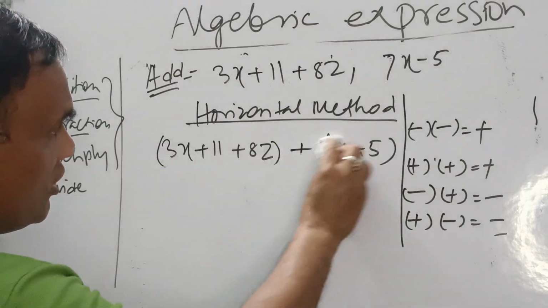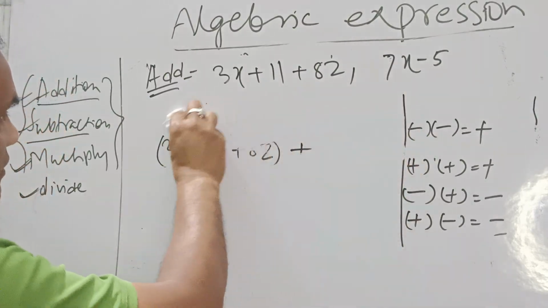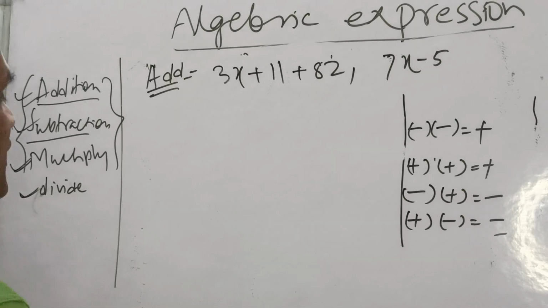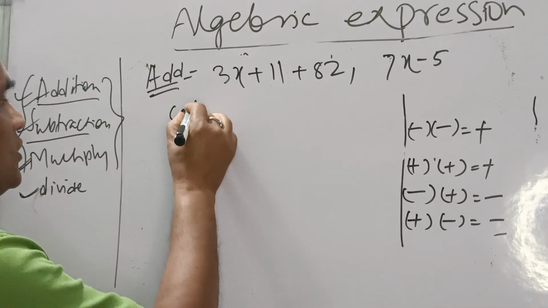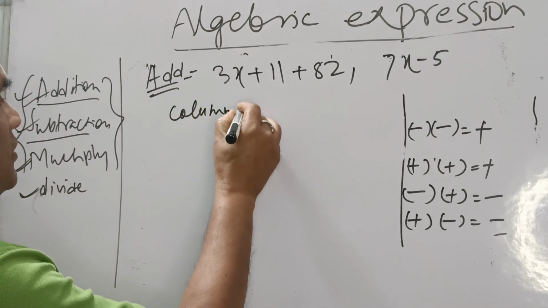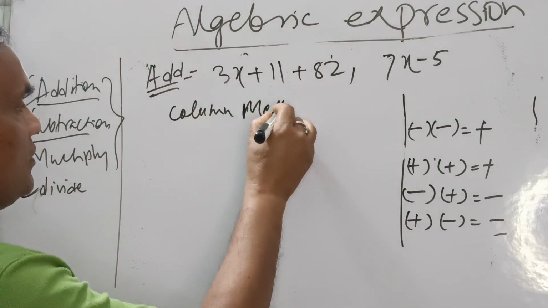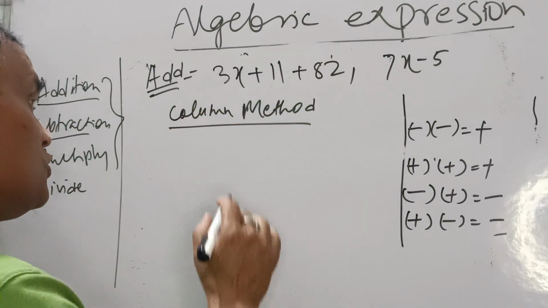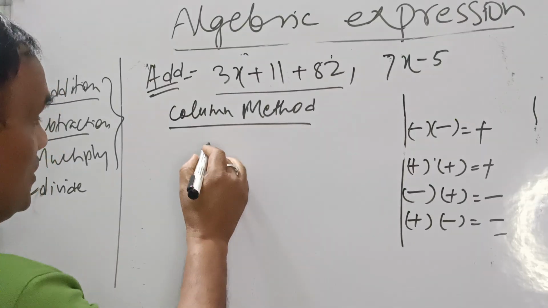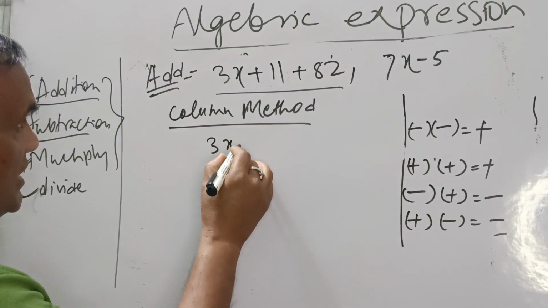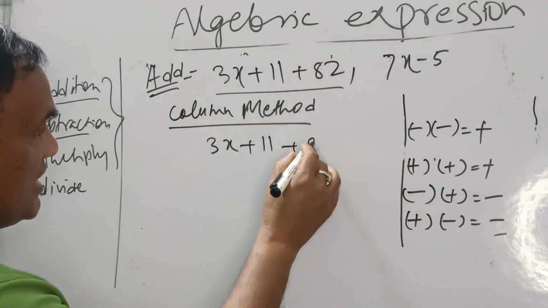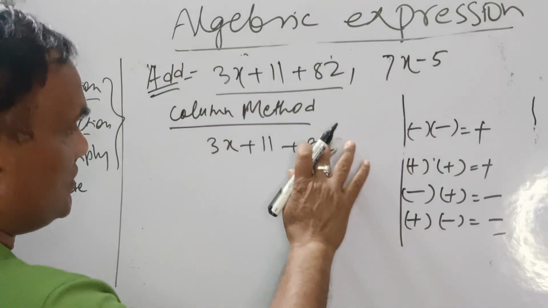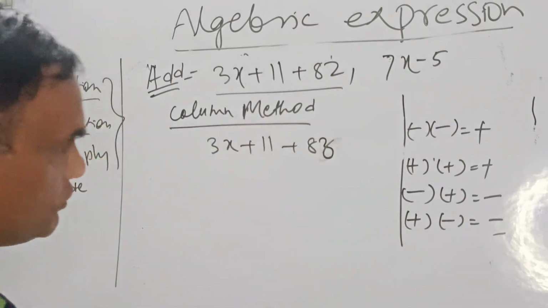Now with this column method, how do we solve? Column method means you have to write this expression first: 3x plus 11 plus 8z, as it is given to you.